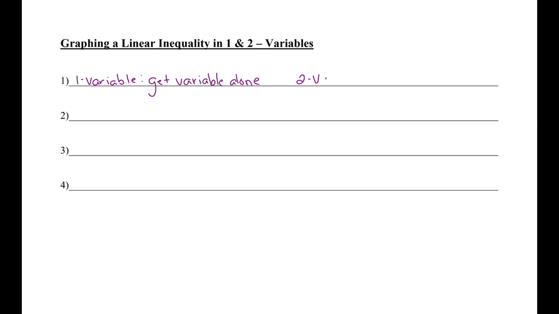If it is a 2-variable equation, so it has x and y, such as example 1, your first step is going to be to put it in slope-intercept form. So example 2 from above would be an example of a 1-variable equation. Example 1 from above would be a 2-variable equation. Your second step for either of them is going to be to plot your points.